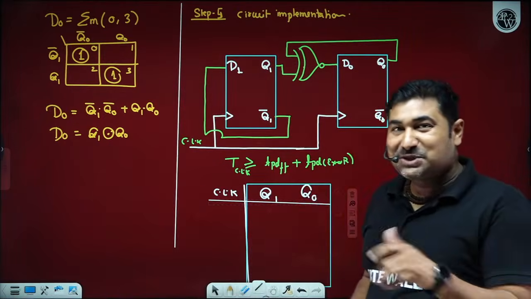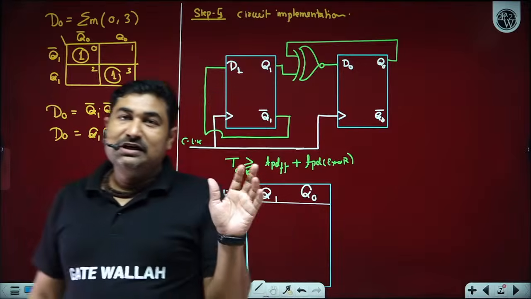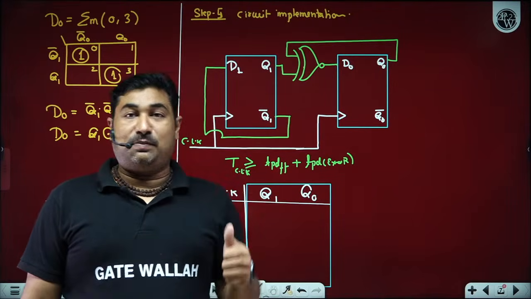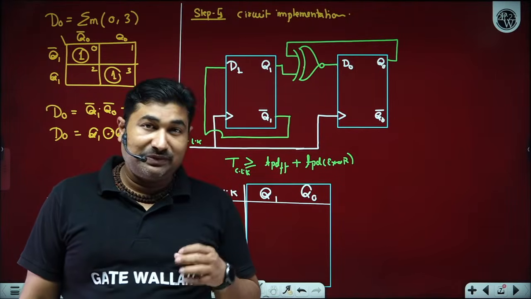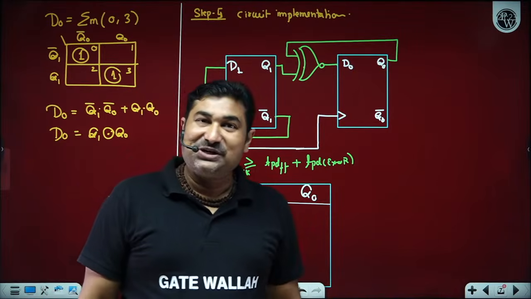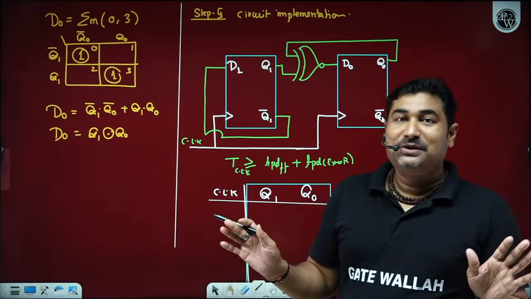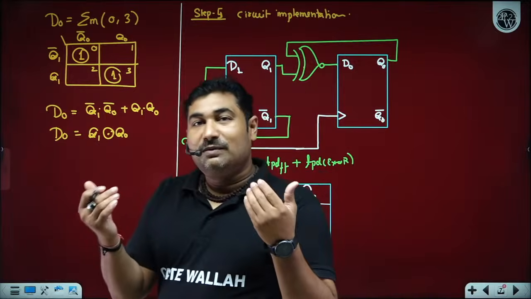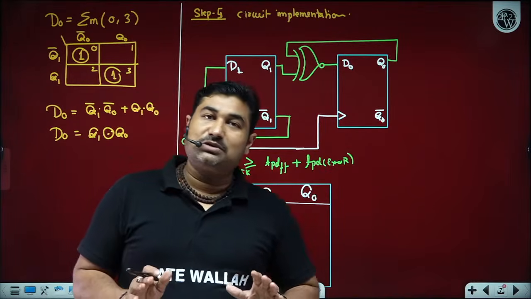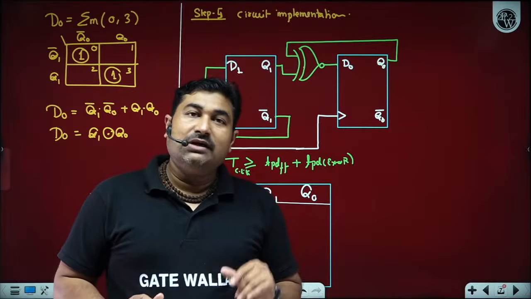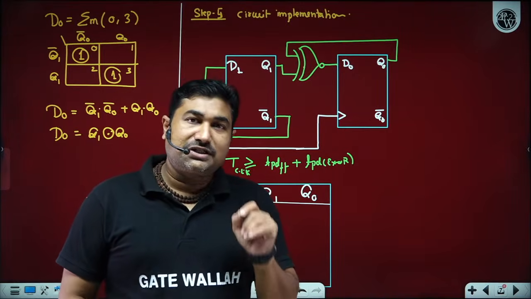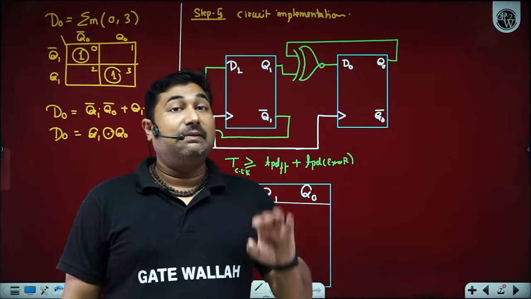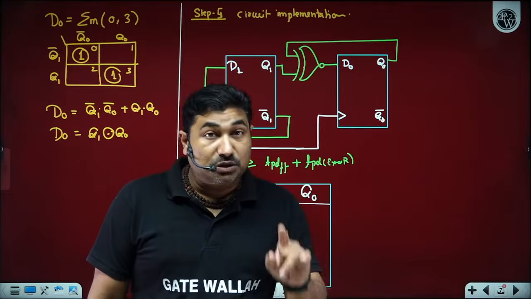Before applying clock pulse, first find input to the flip-flop, then apply clock pulse and follow the truth table. That is all you have to use. Almost 90% of the questions are going to be solved with this one-line technique.